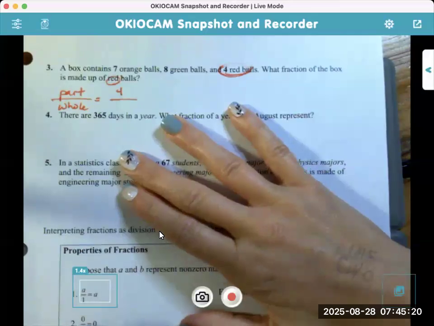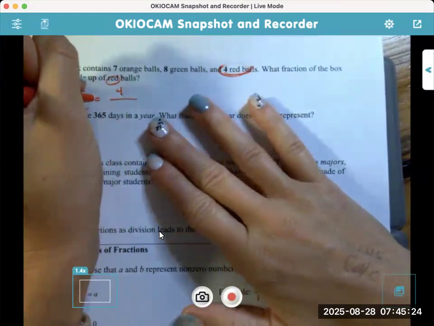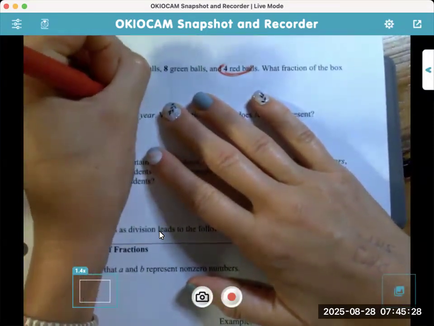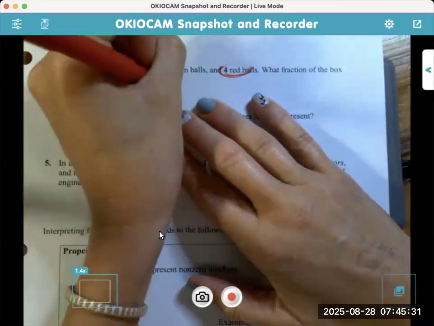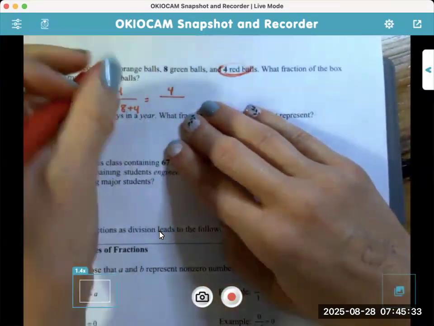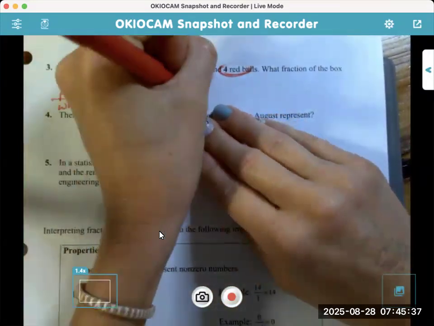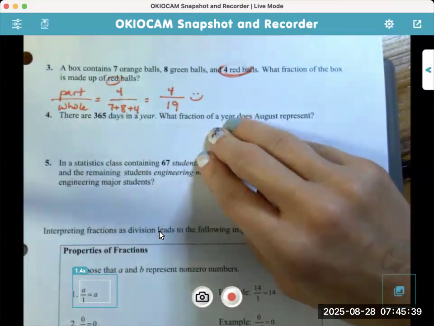The whole is the total amount of balls in the box. 7 plus 8 plus 4. That is 4 over, let's see, 7 plus 8 is 15, plus 4 is 19. So 4/19.